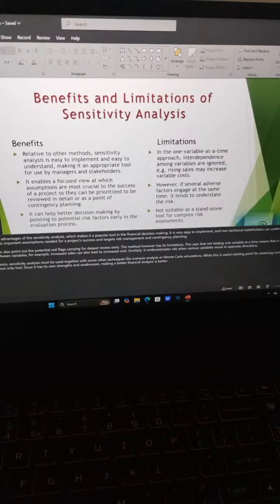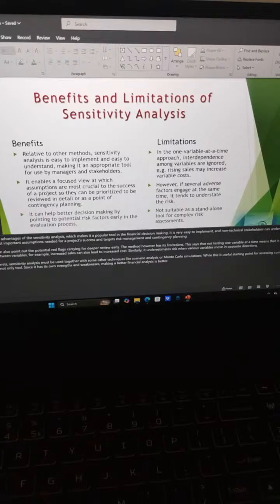So limitations. In the one-variable-at-a-time approach, interdependence among variables is ignored, right? One thing may affect another. If you let one thing affect another, it may drastically delay a project or just halt it altogether. On the flip side, if you've got an interdependent variable, it may just derail the project altogether, based off, again, increased variable costs, right?